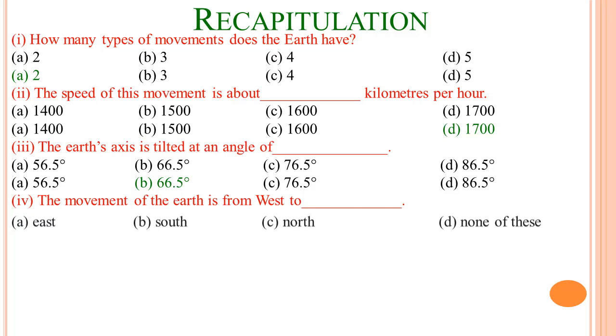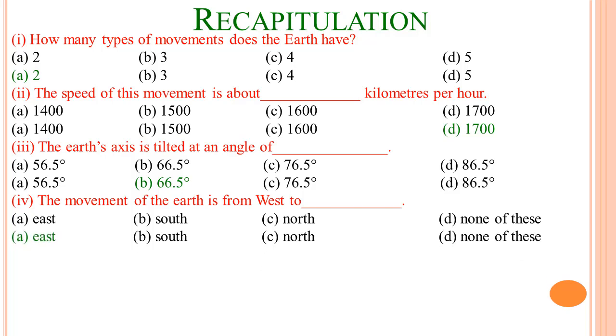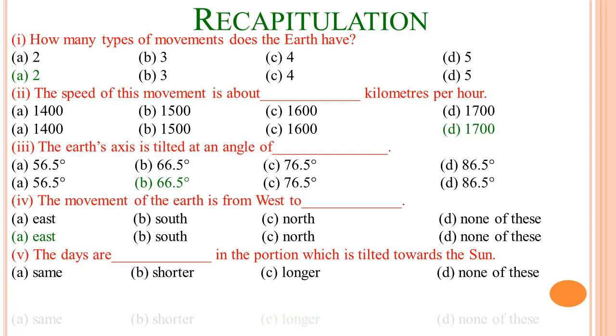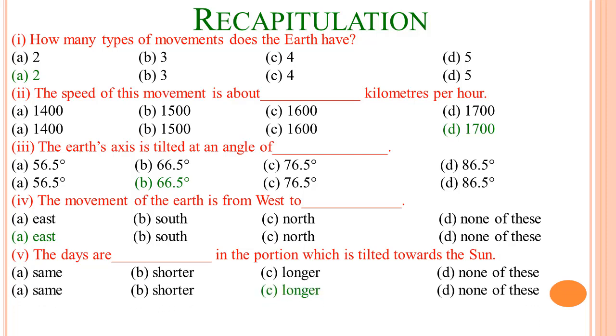The options are east, south, north, none of these. And the right answer is east. Statement number 5. The days are blank in the portion which is tilted towards the sun. And the options are same, shorter, longer, none of these. And the right answer is longer.